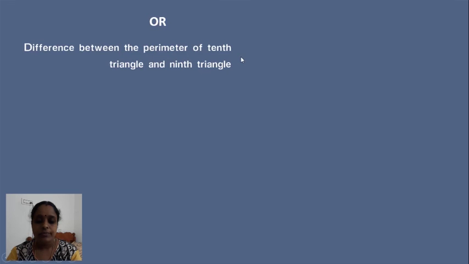That is root 11 minus root 9. Here, if it is 10th triangle, we write root 10 plus 1, that is root 11, minus root 10 minus 1, that is root 9.